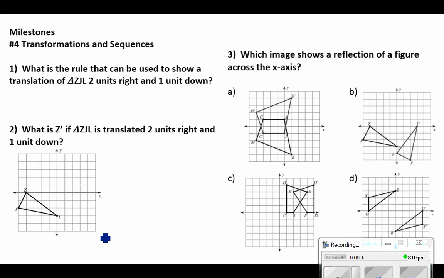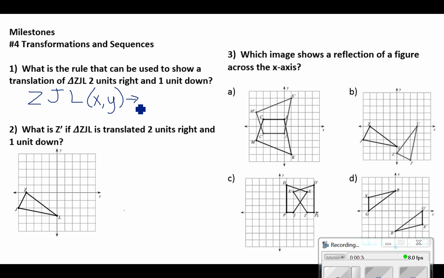To write the rule, the first thing we're going to do is write the letters with the X and the Y, and then we draw the arrow to show where we're headed.